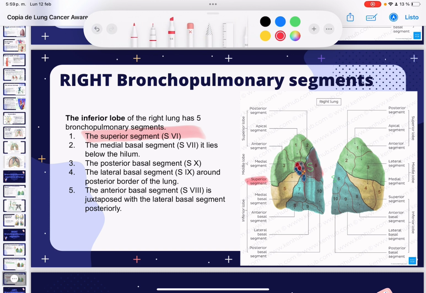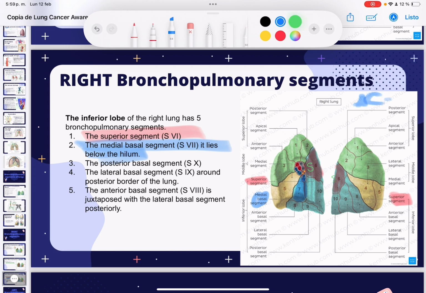Superior segment. Then medial basal segment, it lies below the hilum, so hilum, medial basal segment below, so we cannot see it in the anterior view, costal view.